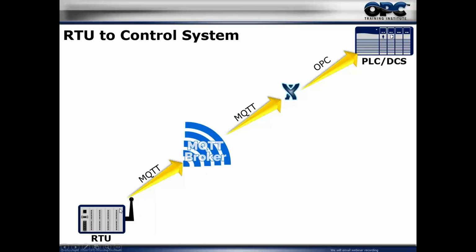With the broker, the RTU typically publishes the data, sends it to the broker. So it pushes the data to the broker. Whenever there's a change here, the data is pushed to the broker. Separately, we have another application here that subscribes. It pulls the data from the broker. So we have a push and then a pull mechanism.